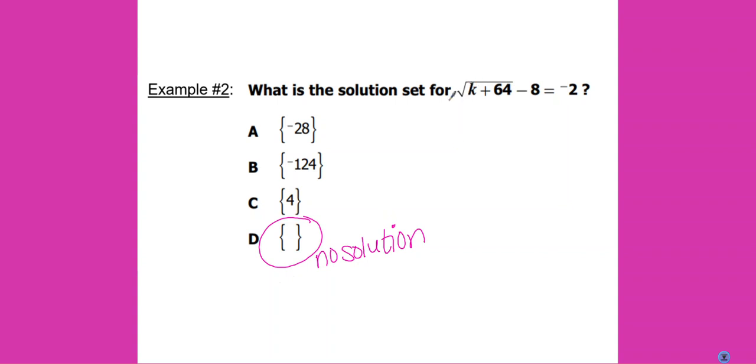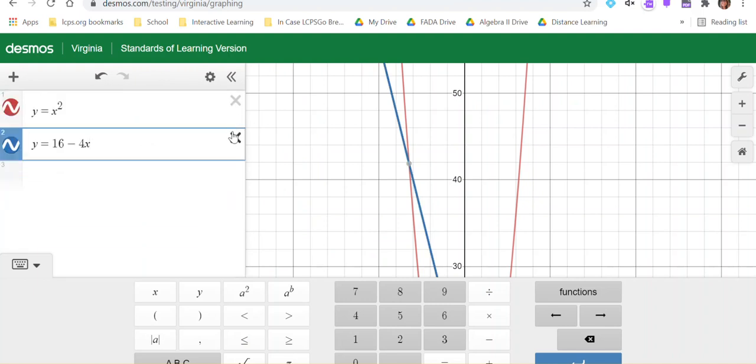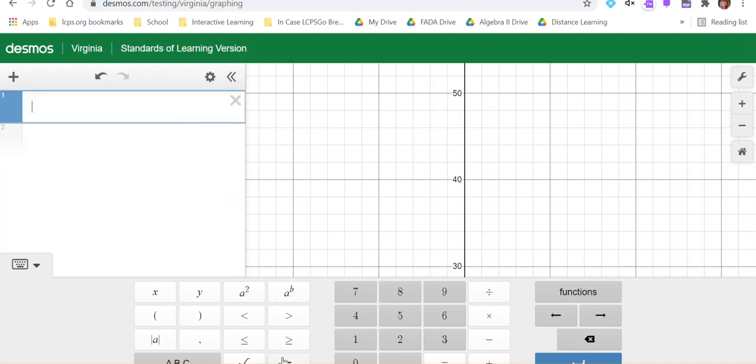Something to be careful of before we start typing these into Desmos is that Desmos won't like it if we put a k there, so we're going to switch it to x. I'm going to get rid of all this junk. We don't need any more. All right, so square root of x plus 64.